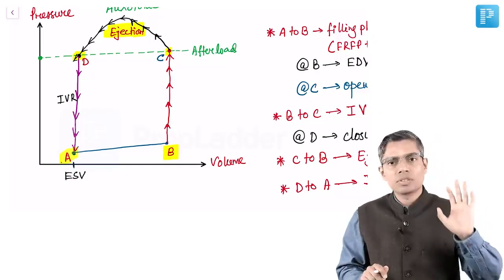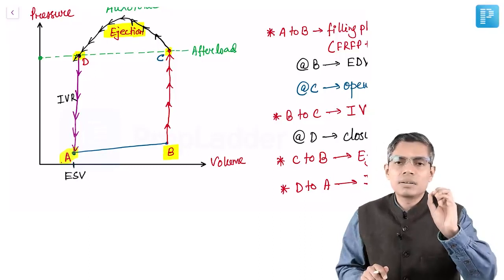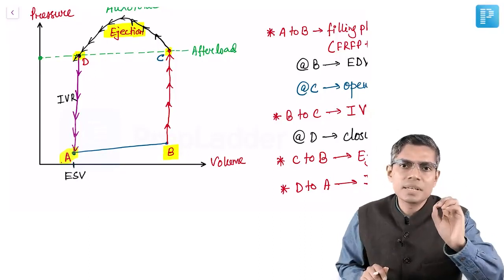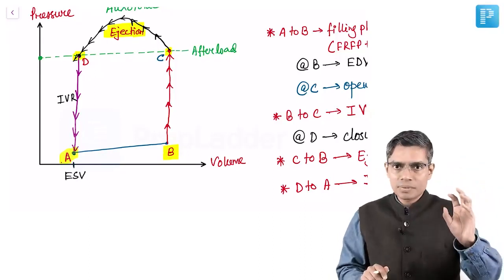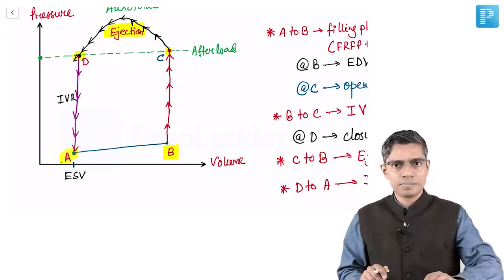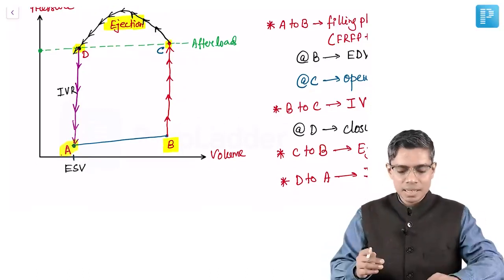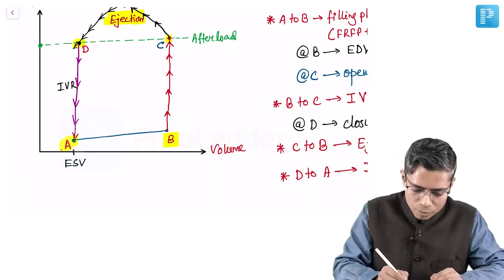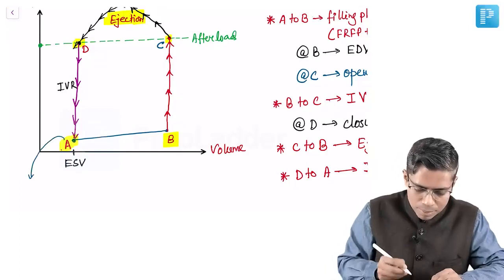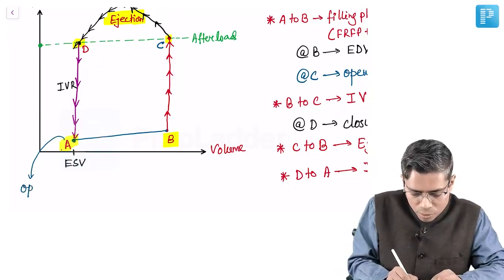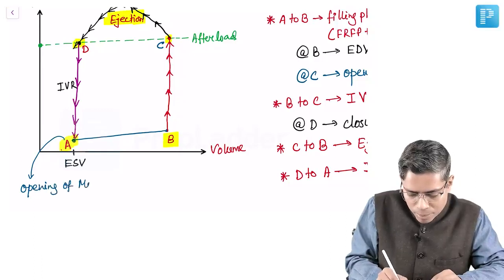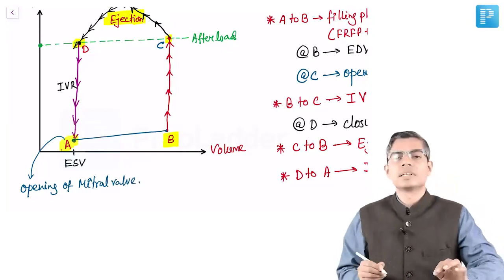At the end of isovolumic relaxation, the ventricular pressure is very low. So whenever your ventricular pressure is very low, and atrium pressure is high, what is going to happen? We all know that this is the point where there will be opening of mitral valves or atrioventricular valves.